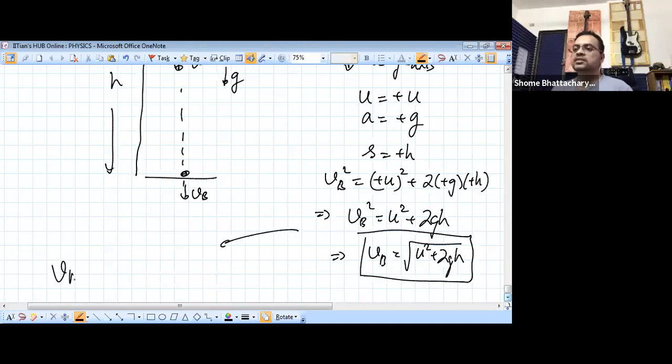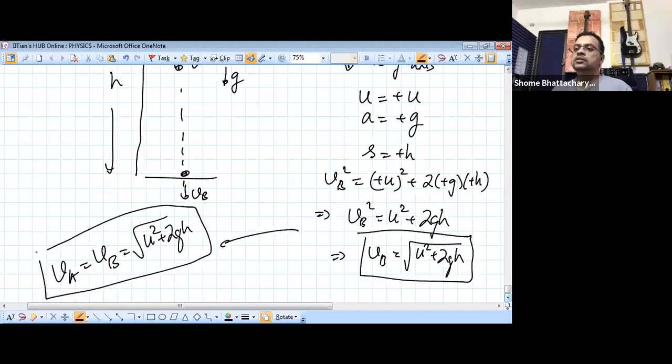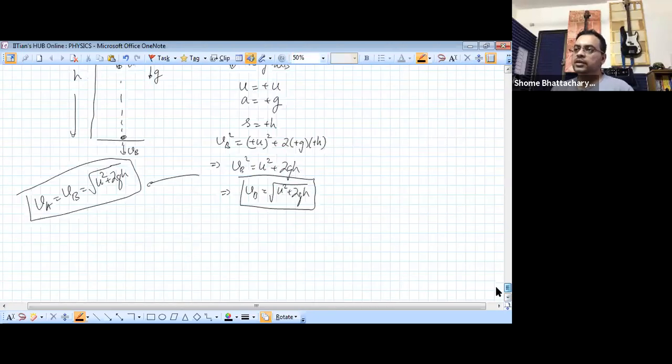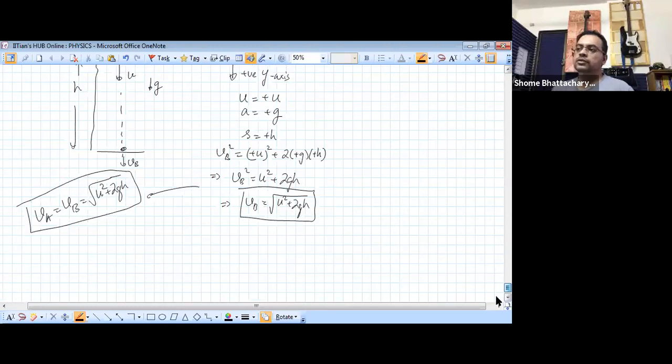So you can see from this that VA is equal to VB, which is equal to square root of u squared plus 2gh. This may not seem obvious in the beginning, but the equations will give you the understanding.